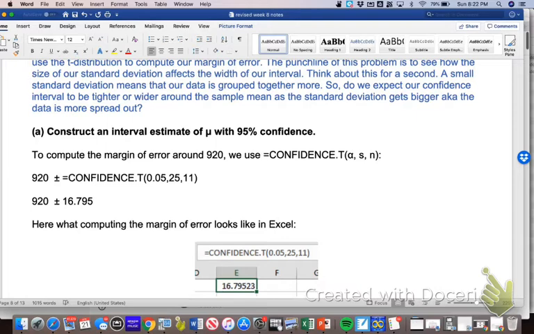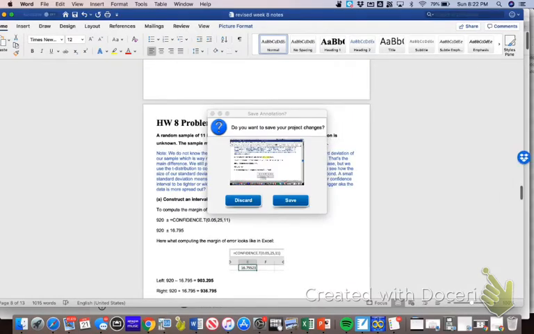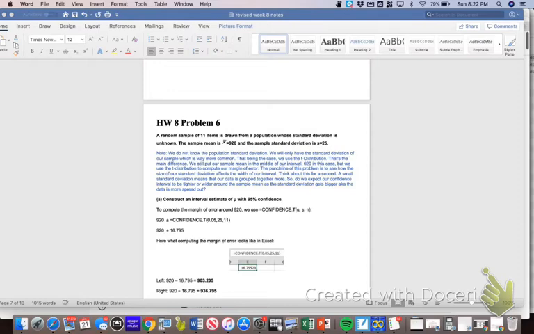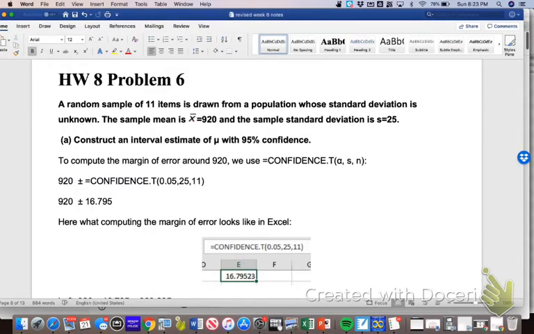So part A was asking us to construct an interval estimate with a 90% level of confidence. So let's make sure we remember where in the problem these numbers come from for us to put into the formula. So that alpha level is our level of uncertainty.